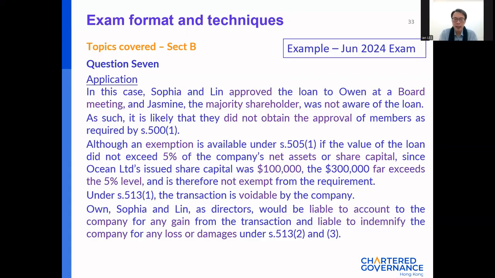So the approval of the members is required. Under section 513, the transaction is voidable, and Owen, Sophia, and Lynn as the directors would be liable to account to the company for any gain and liable to indemnify the company for any loss or damages under subsections 2 and 3.